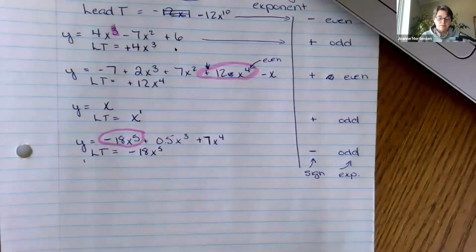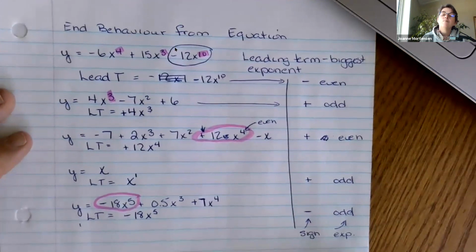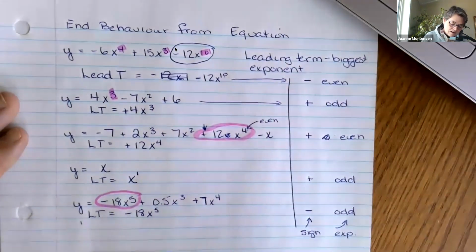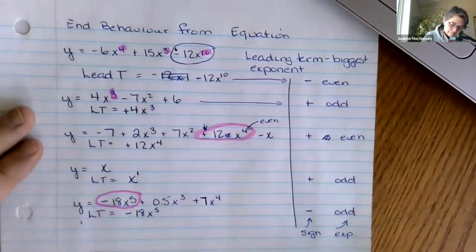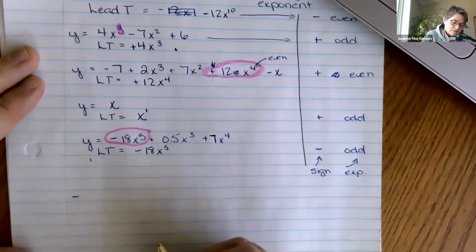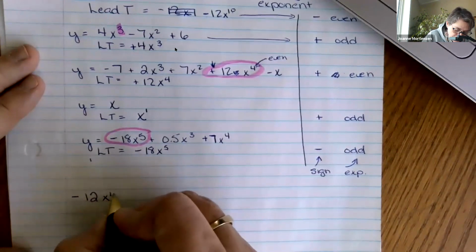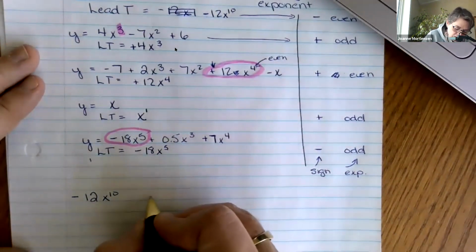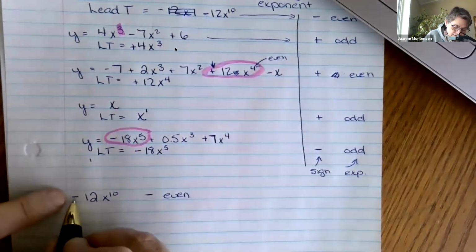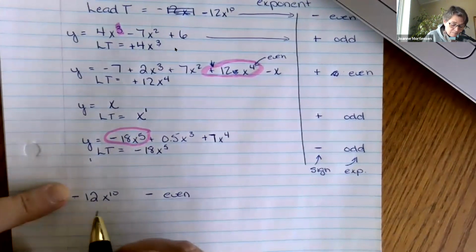So let's go back to these ones. I'm kind of regretting how I formatted this because it's going to be messy. All right, you know what? I'm going to do it down here. I'm going to rewrite. So minus 12x to the 10. That was our leading coefficient, and we figured out that was negative and even. There's a negative. There's the even. That could be a 3, and it would still be the same.